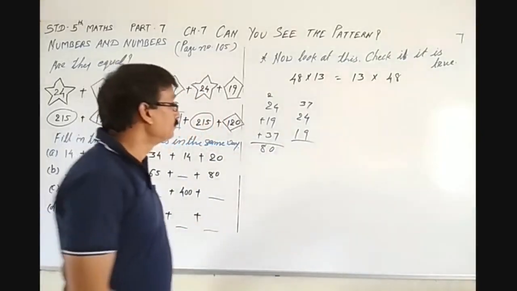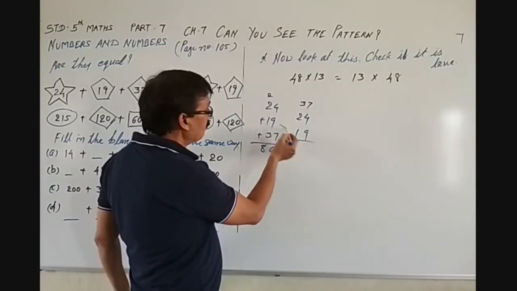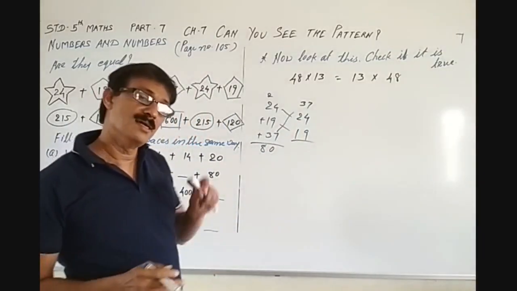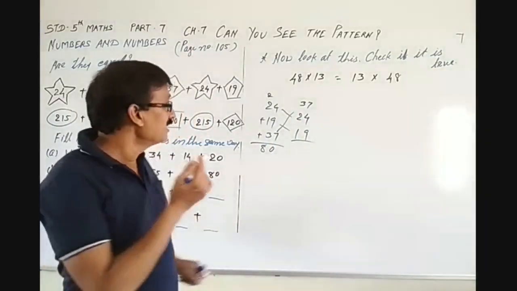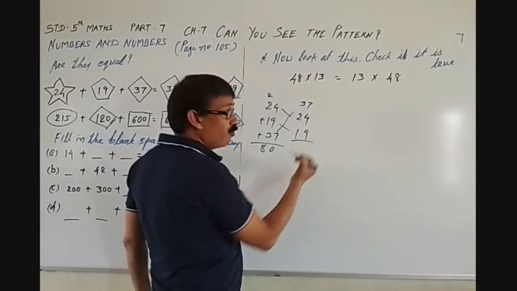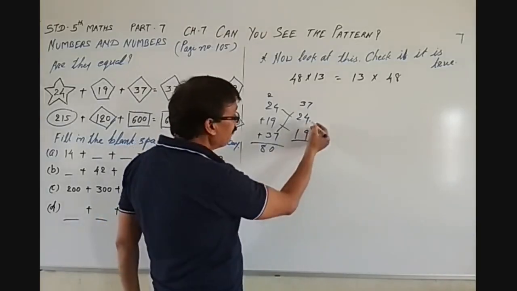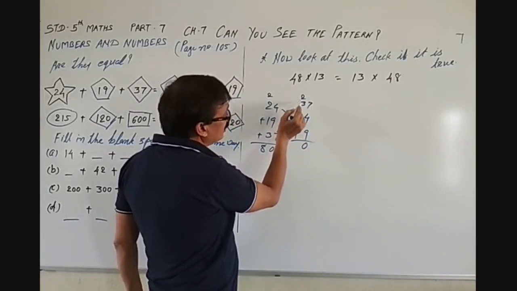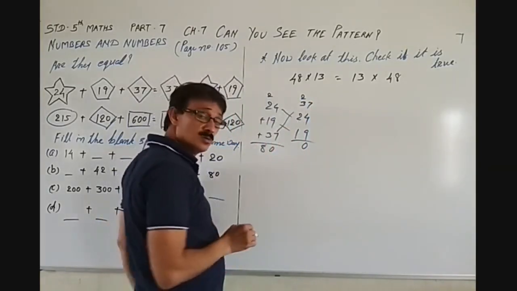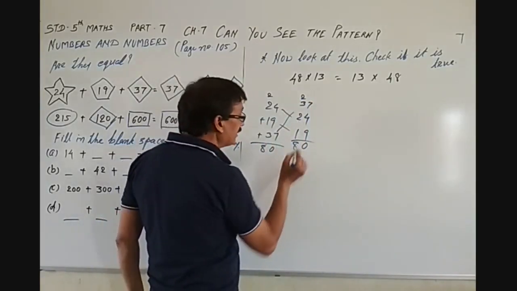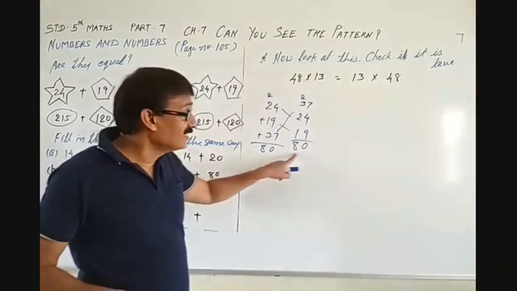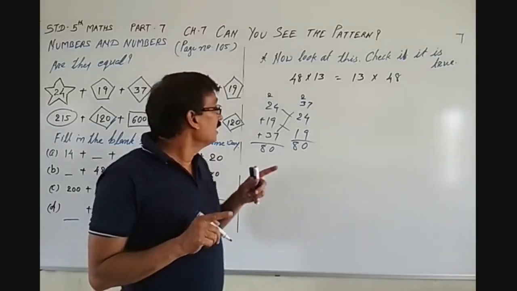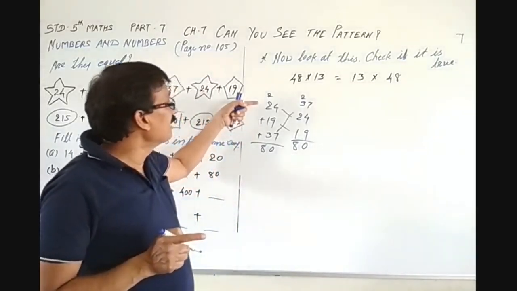Let's add them. 7 plus 4, 11. 11 plus 9, 20. 2 carry. 3 plus 2, 5, plus 2, 7, plus 1, 8. Oh, totally same.